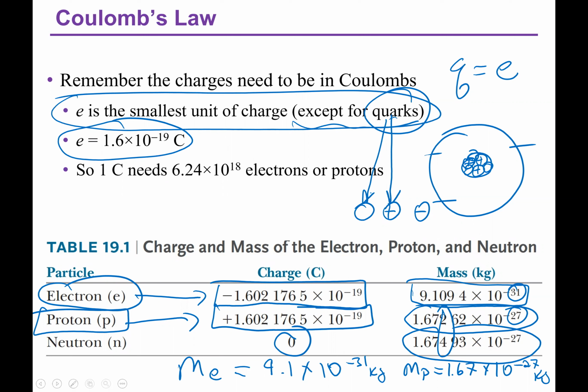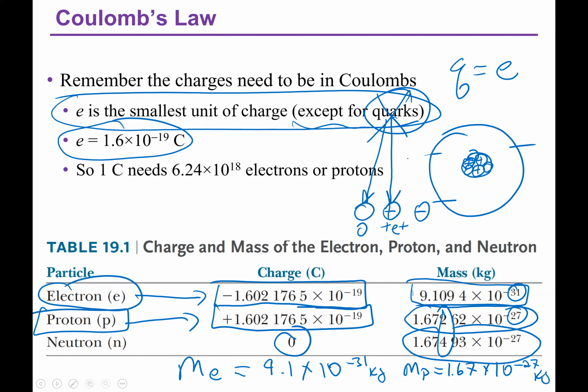Every neutron has 3 quarks inside. And each quark has a different charge, and their combination gives plus E for this one, and 0 for this one. We don't have to worry about quarks at all in this class, but you should know that a proton and a neutron are not fundamental charges. They have things inside them, whereas the electron is fundamental because there's nothing inside the electron.